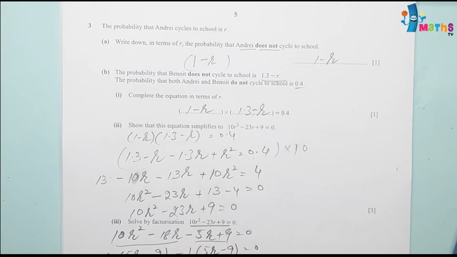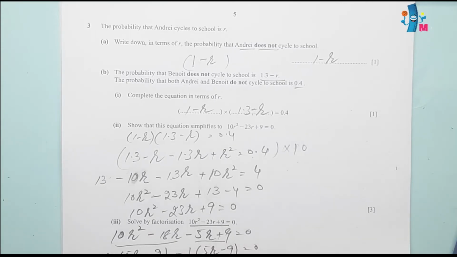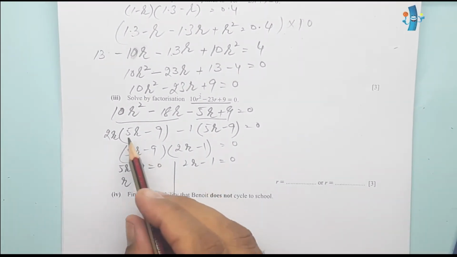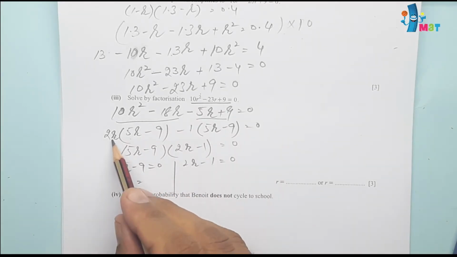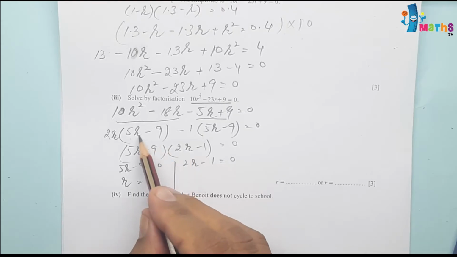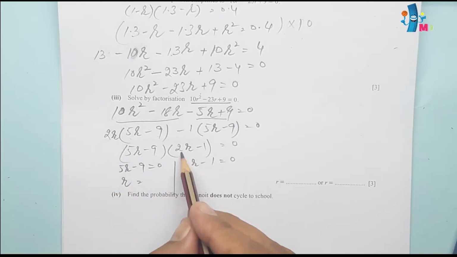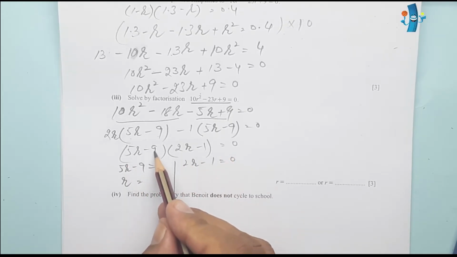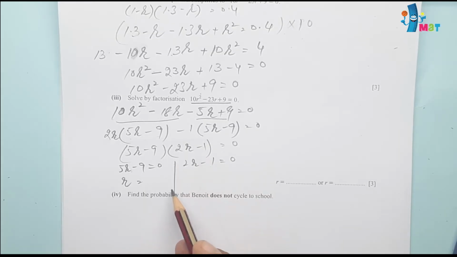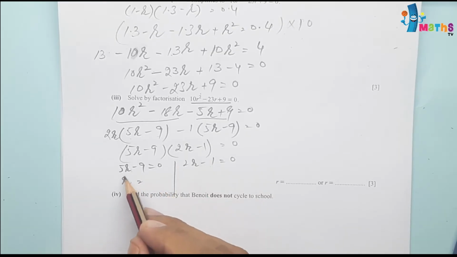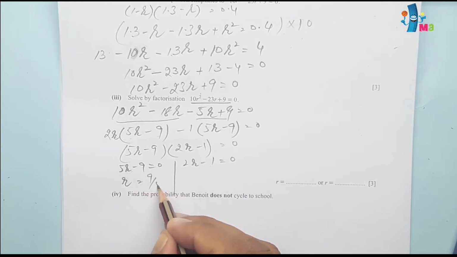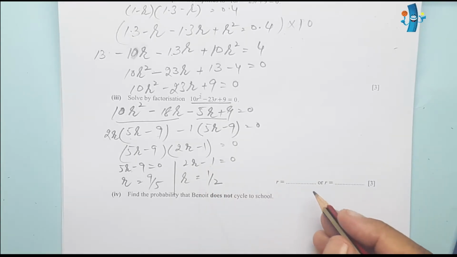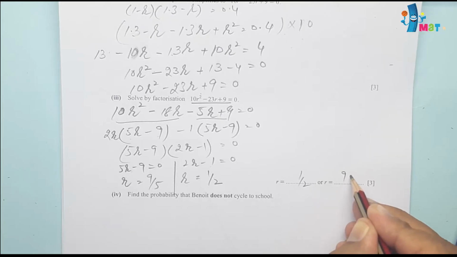So r will be equal to 9 by 5 in this case, and r will be equal to 1 by 2 in this case. So we can write the answer as 1 by 2 and 9 by 5.